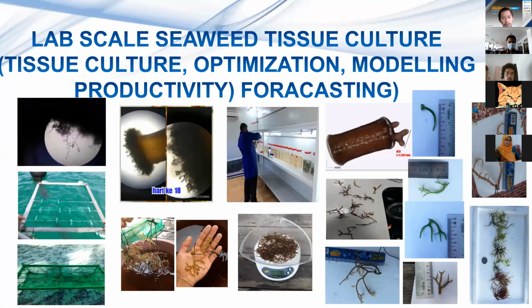Okay, and we can control the condition until we can get a breakthrough in the world regarding seaweed productivity. So this is what is going on in one of the labs of mine in Malaysia.